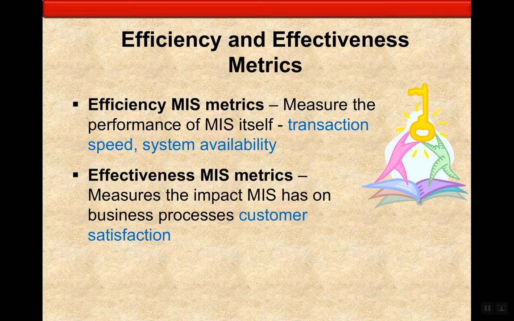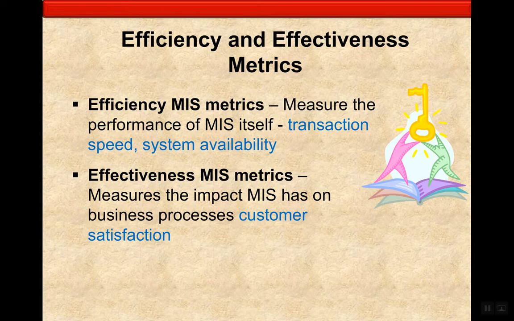So it's possible to have efficiency without effectiveness. It's also possible to have effectiveness without efficiency. You can have a positive impact but not necessarily be the most efficient, in terms of sloppy operations. But you can still be efficient.